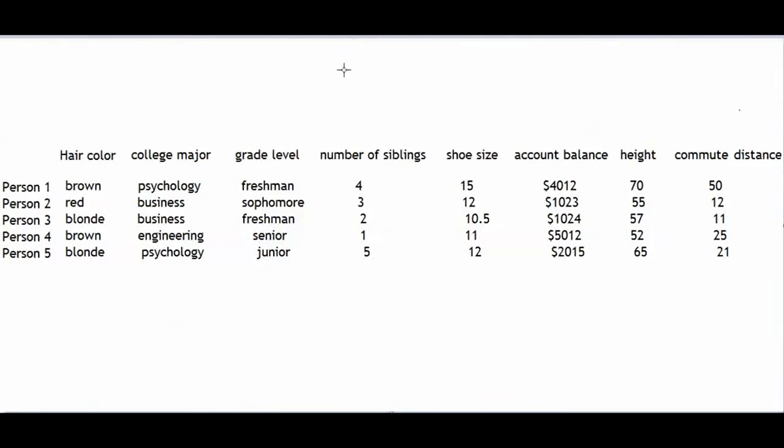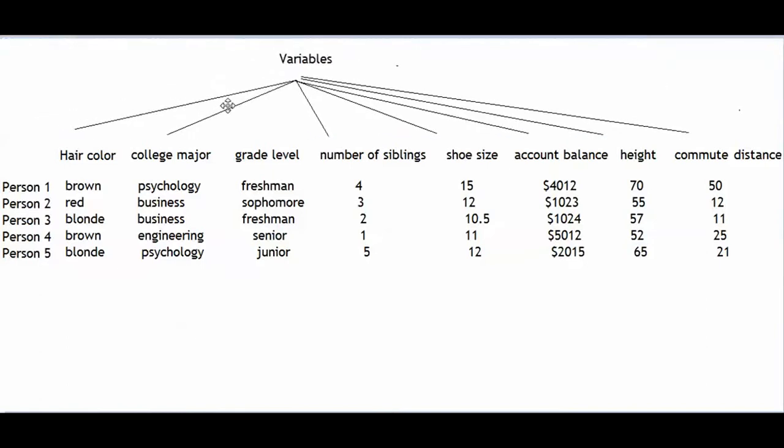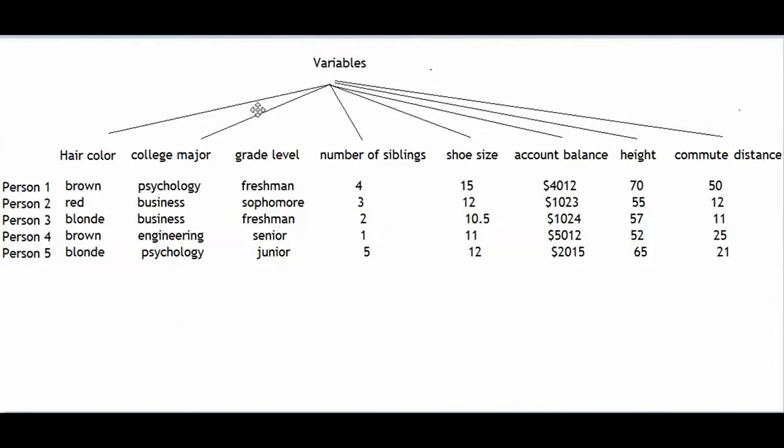The title of each column is called a variable. A variable is something that can differ between different people, animals, things, places, or points in time. A variable is just something that isn't always the same. In this example, hair color is a variable because different people have different hair colors.